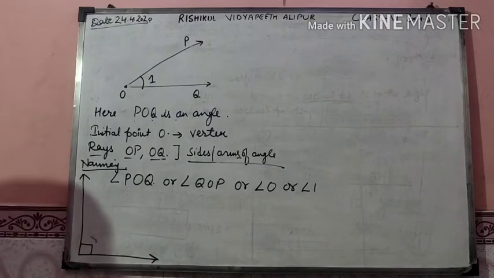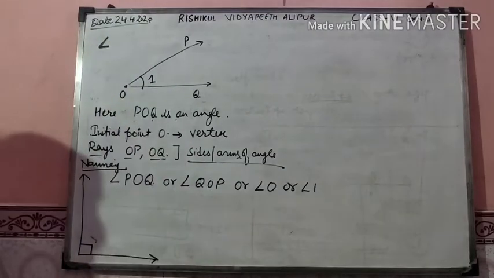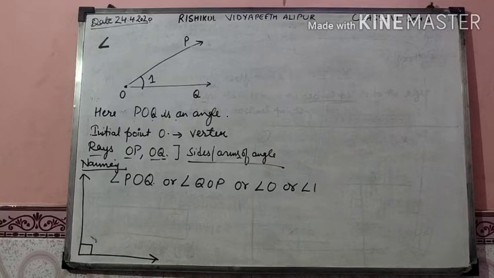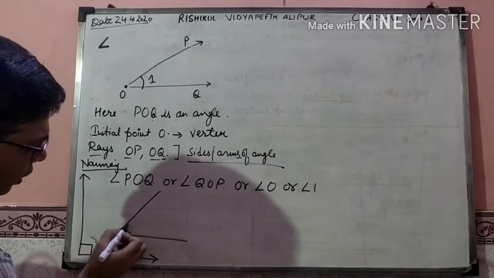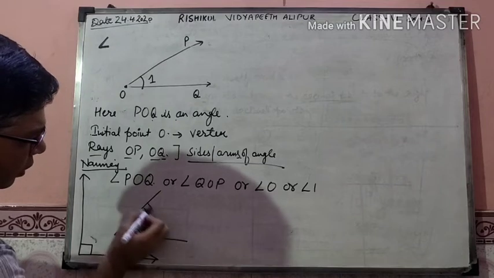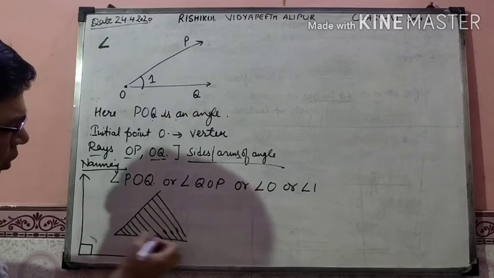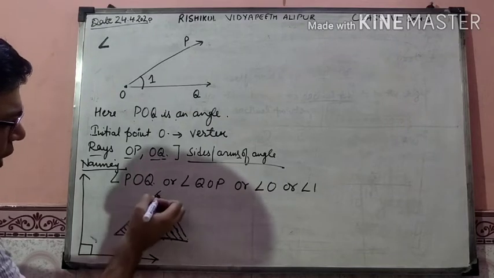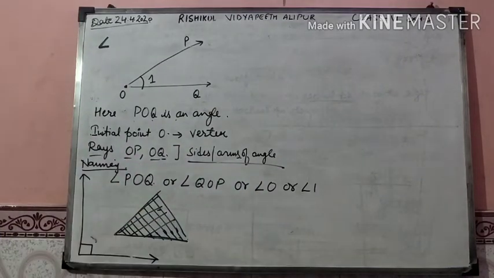We use a symbol for that, which is called angle. This is the symbol of angle. And now, like the polygon, angles also have an interior and an exterior. This is an angle and this whole area is called the interior. This boundary and this shaded portion is commonly known as the region of the angle.